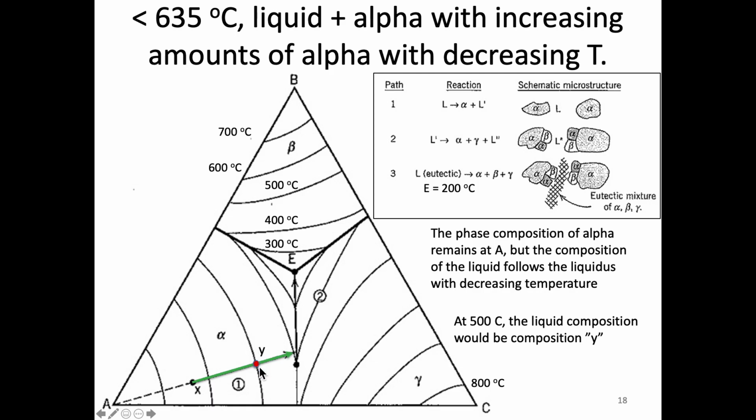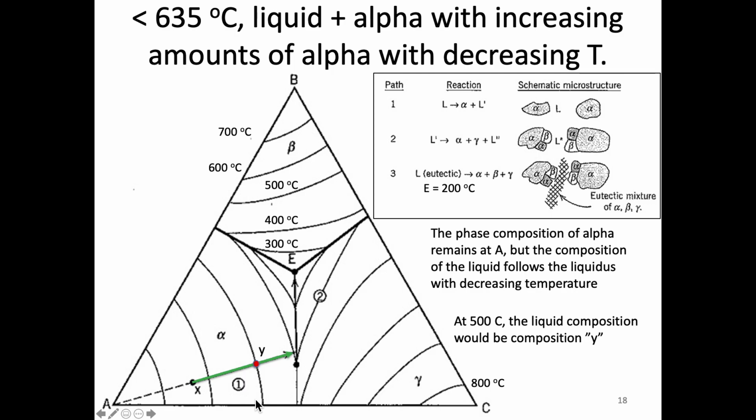That means the liquid composition would be Y, denoted by the temperature contour. My solid composition would be A. So I have my solid composition, my liquid composition, and my alloy, and I can apply the binary lever rule to get the amounts at that point.